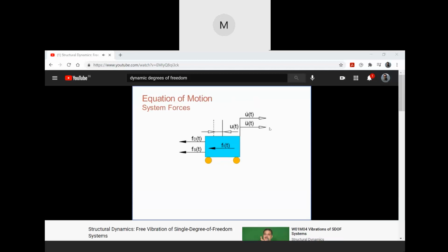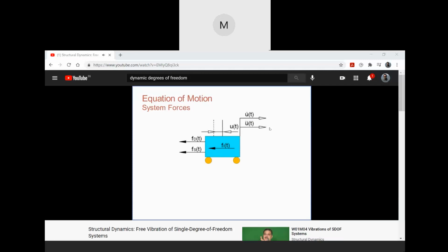In order to form the equation of motion, we first draw a free body diagram on which we mark the forces acting on the car when it is in motion. Shown in the diagram in white arrows are the displacement, the velocity, and the acceleration, and in black arrows, the forces.